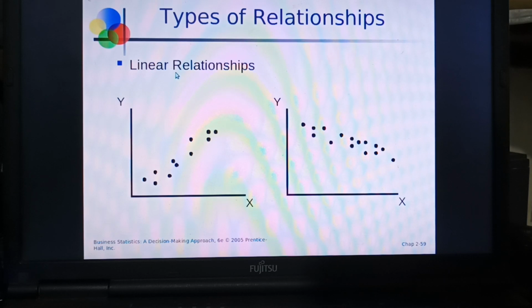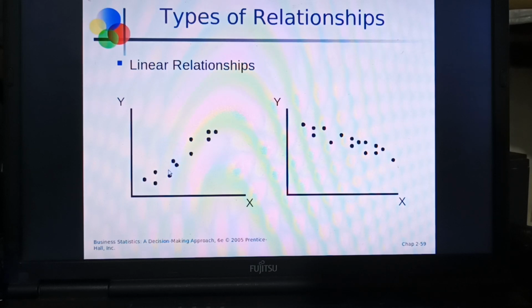Here, these are examples of linear relationships, where for each unit of x, there is also approximately the same unit of y. If x increases, y also increases, and they more or less increase at the same rate.